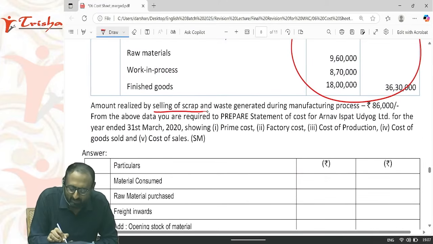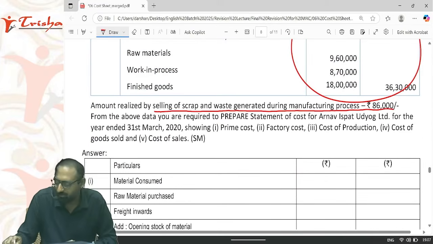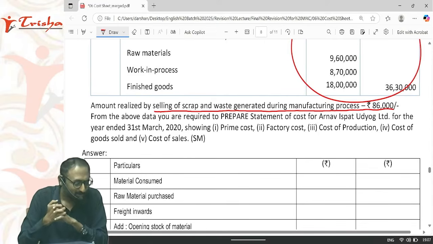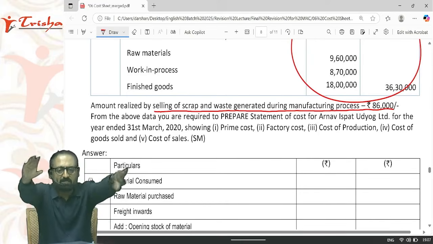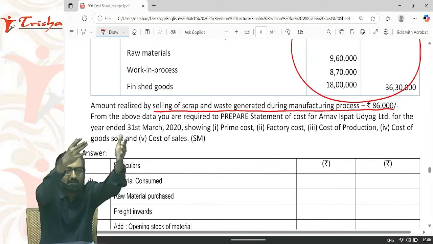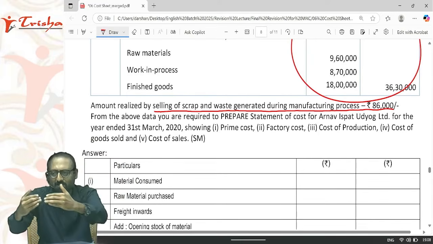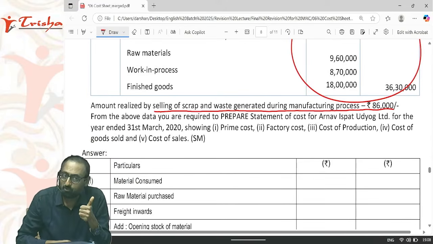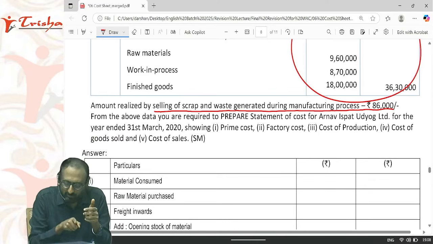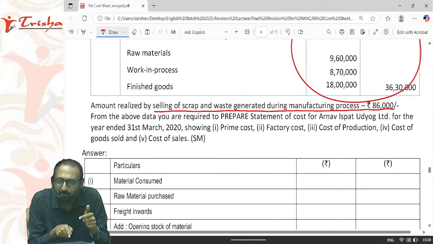Amount realized by sale of scrap waste generated during the production process. I don't want a wrong answer. Give me the correct answer. Will 86,000 be adjusted in material consumption, or is 86,000 adjusted in one of the 5 items? What thumb rule today I have given to you? Sir, where is this scrap generated?